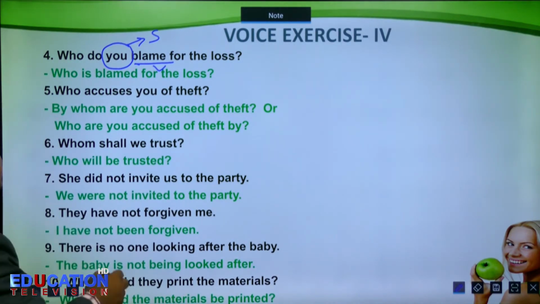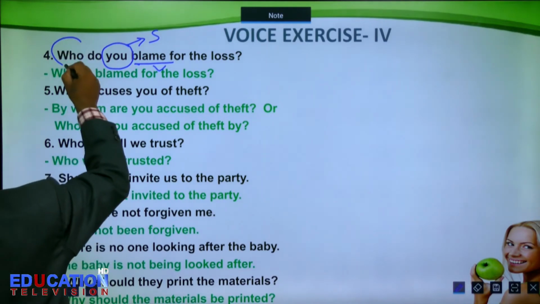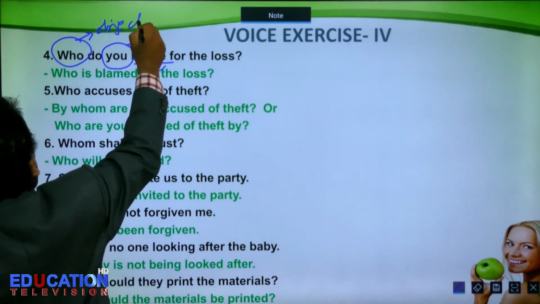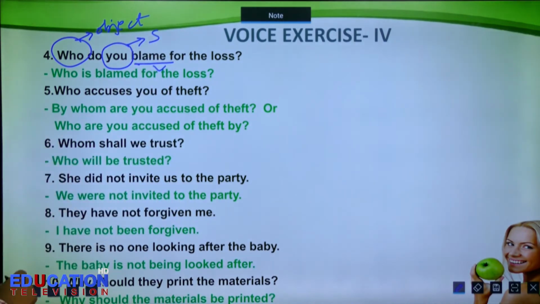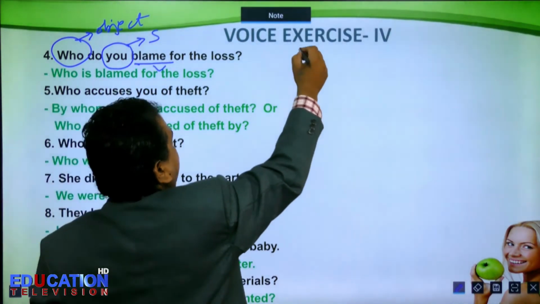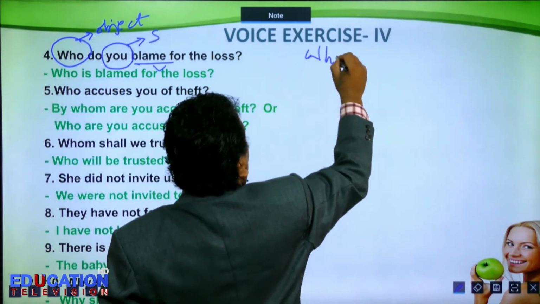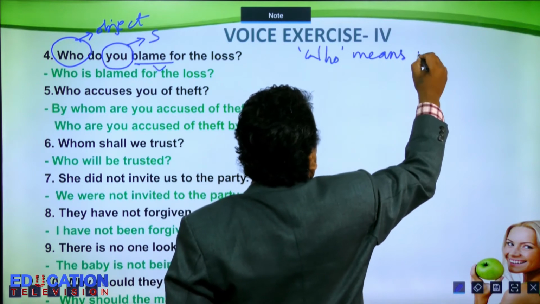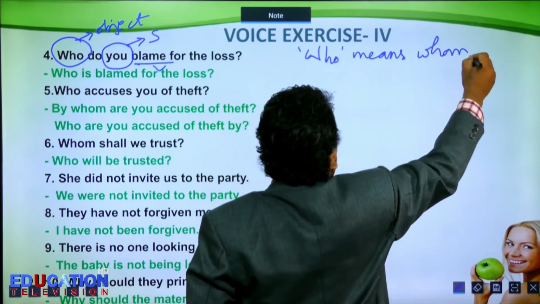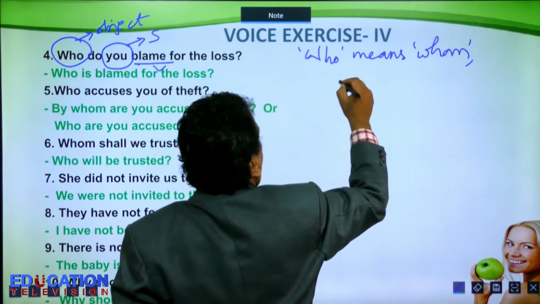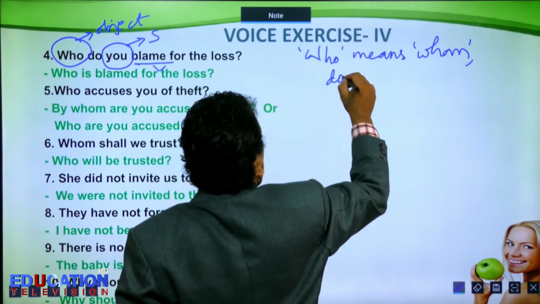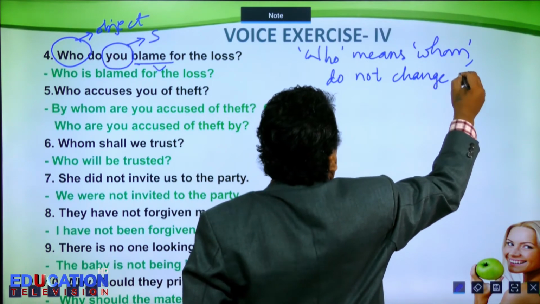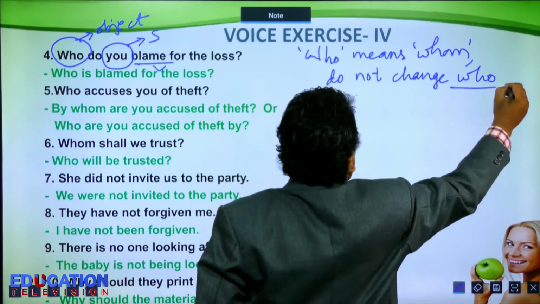Who to blame? The very word who is object. So here, if who means whom, do not change who, keep it as who itself.